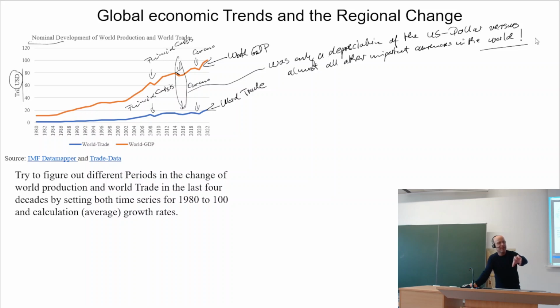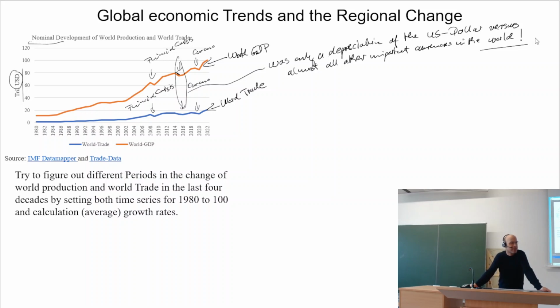And then in 2014, 2015, it was clear that there was more stability within the Eurozone. And so maybe this was then the reason that the euro, especially the euro, appreciates against the US dollar.